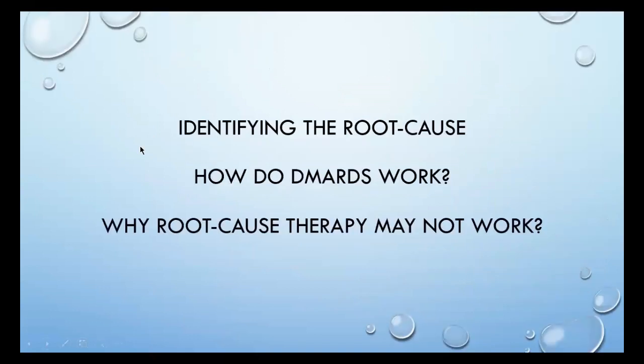When working with rheumatoid arthritis, I think you must have heard this term, identifying the root cause of your problem. So, what is the root cause of RA? Does science know? Unfortunately, the answer is no. There are multiple factors that can lead to the development of rheumatoid arthritis.